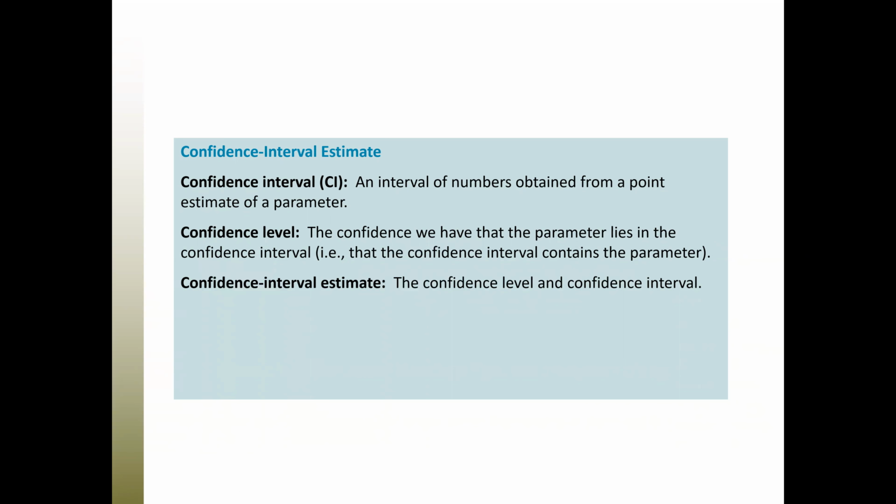And then the confidence level means we have that parameter lies in the confidence interval. That means the confidence interval contains the parameter, and that means we capture it. If that interval contains the parameter, then we hit the target, and that's a job done. That's what we are after. We create an interval in order to estimate the population parameter.